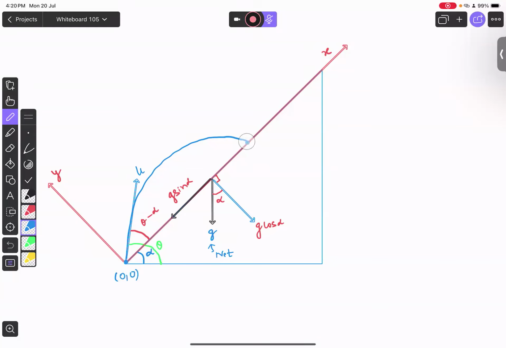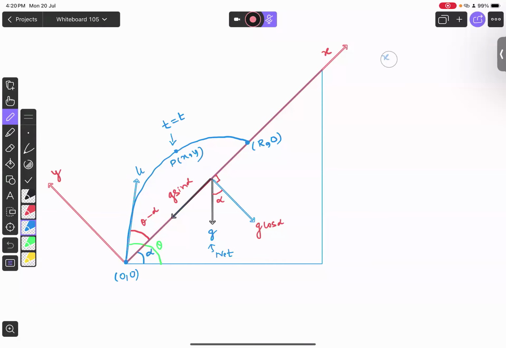The distance from the origin to the point where it hits the inclined plane, I am going to call the range, with the symbol r. So the x coordinate here will be r, and the y coordinate 0. Now suppose at time t, our projectile reaches this point whose coordinate is x comma y.